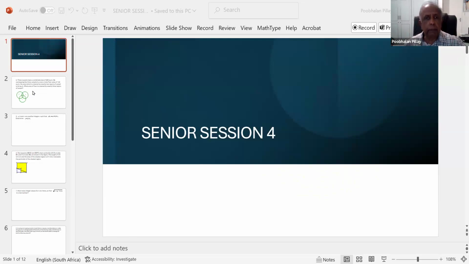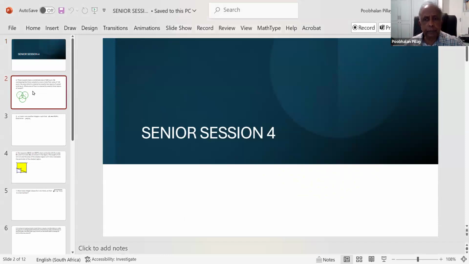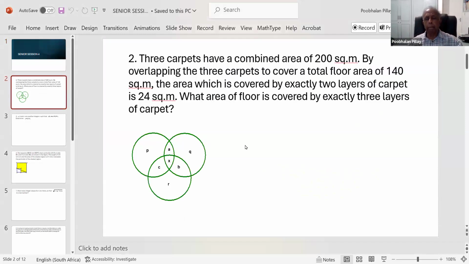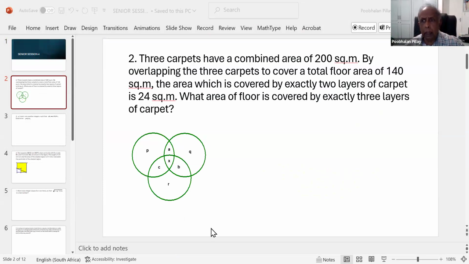Right, the first problem is this. Let me, I just had to open up a Word file.